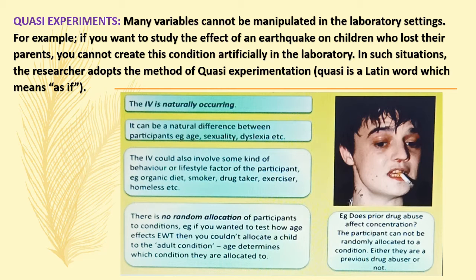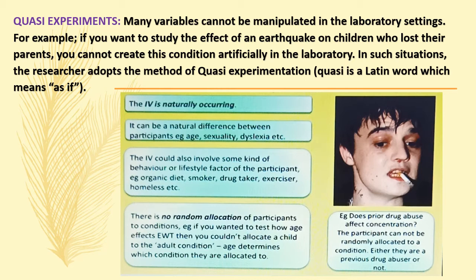Similarly, in the example of the effect of an earthquake on children who lost their parents, we have to select participants: one group who have been in an earthquake and lost their parents, and another who was in an earthquake but did not lose their parents. Their parents are still alive. So these are the two conditions that can be selected from in a quasi experiment.